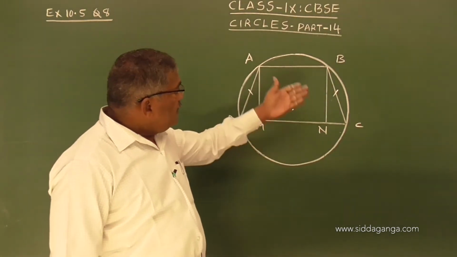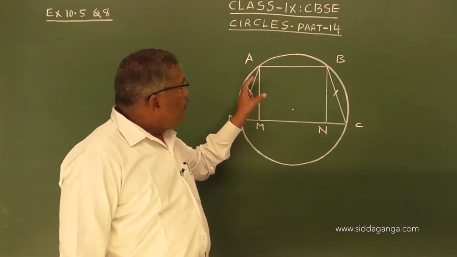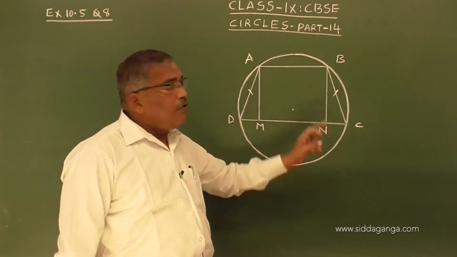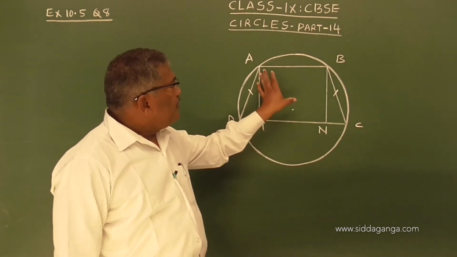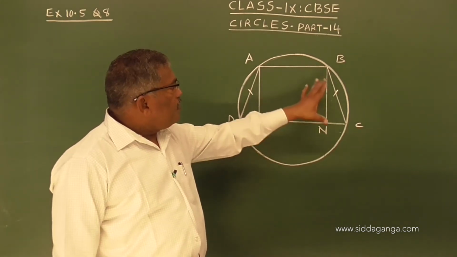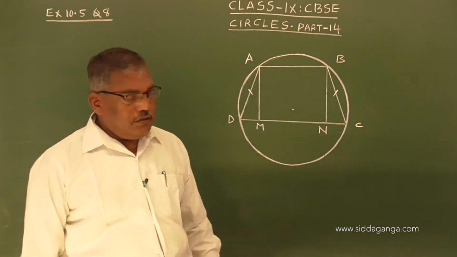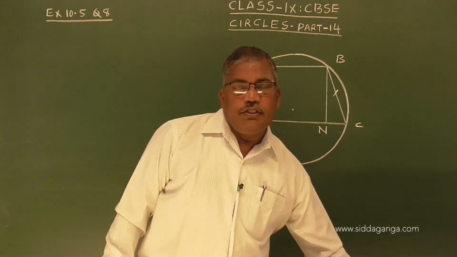Because in any quadrilateral, if the opposite angles sum up to 180 degrees, that means if they are supplementary, then the quadrilateral will be cyclic. So, that is how we move with this.